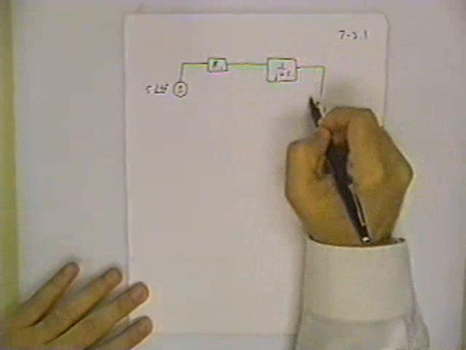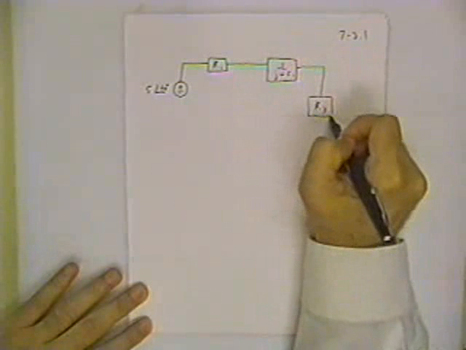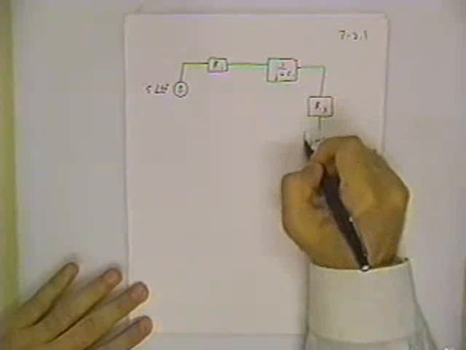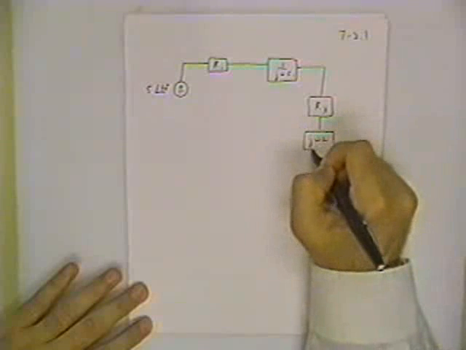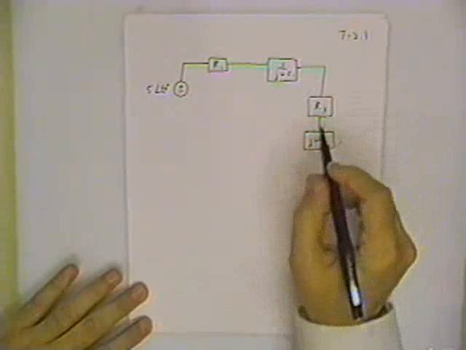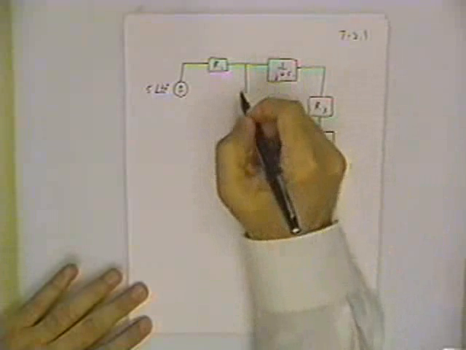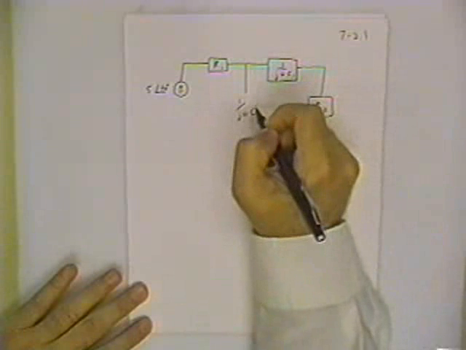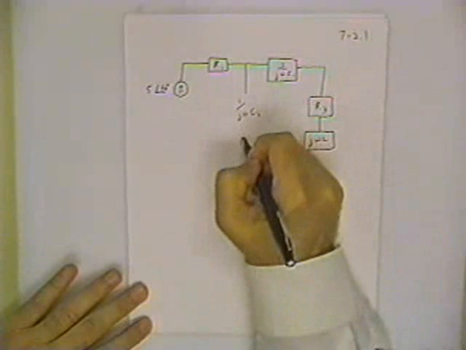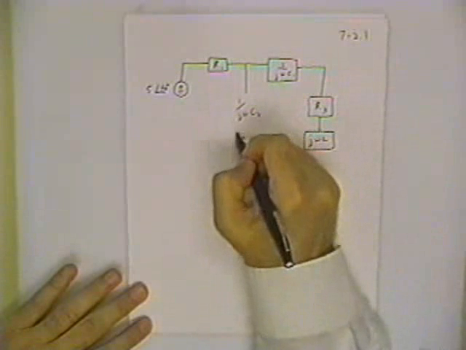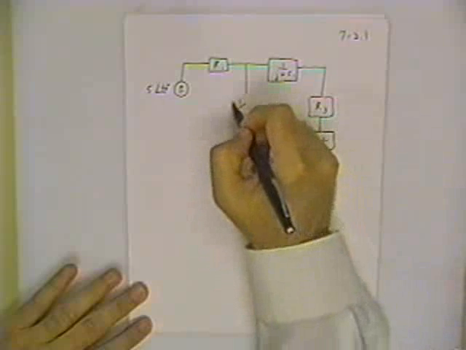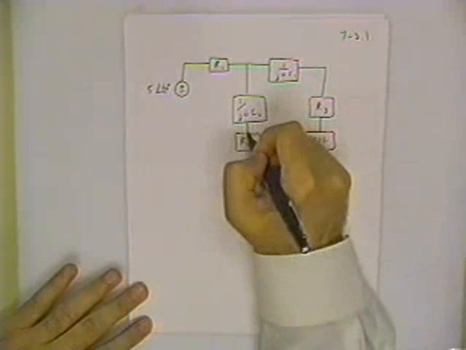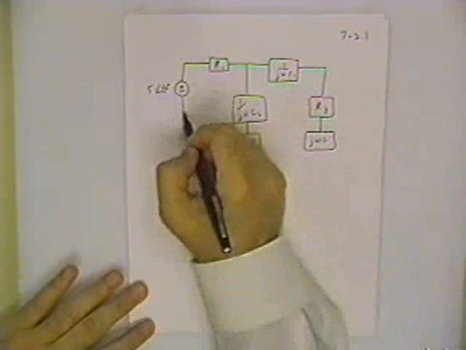We have a resistance R3 in this box, an impedance of J omega L in this box, and then down this branch we've got a 1 over J omega C2 and an R2. So far we've just substituted the phasor equivalent and the impedance equivalents.